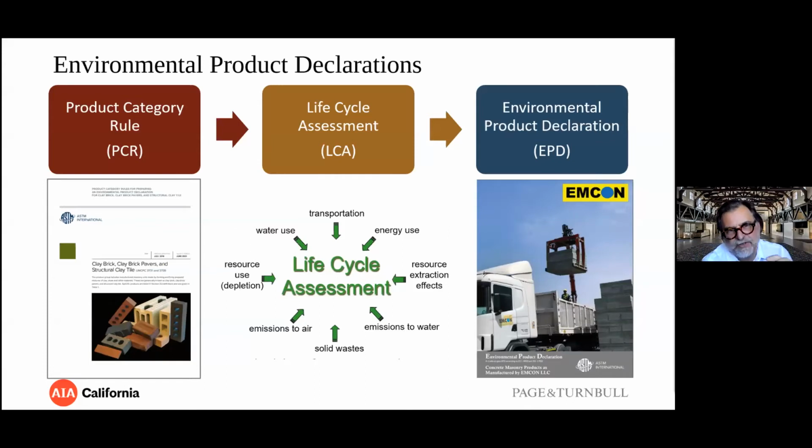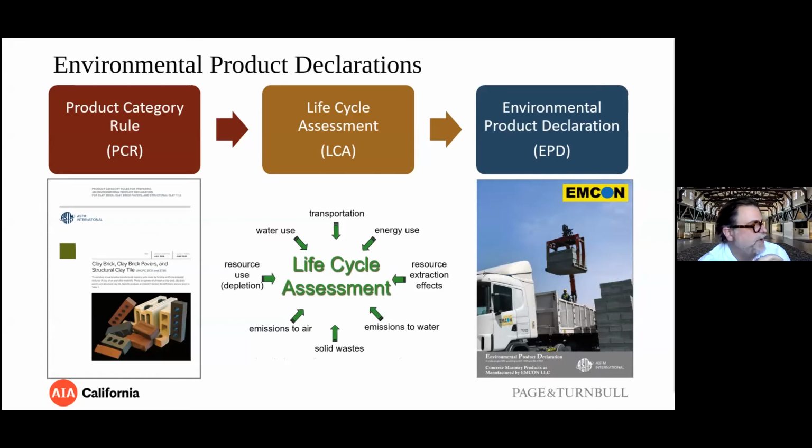So the baseline information for a variety of different tools always comes back to the environmental product declarations. I think people in code, a lot of people will be familiar with these, but I'm finding a lot of people are not.